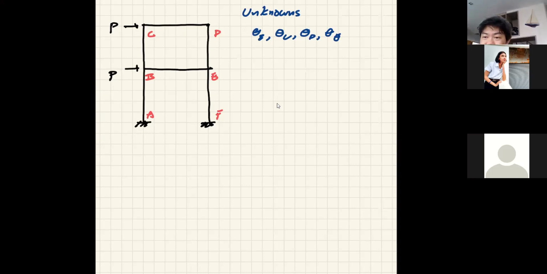Now, how many deltas do we have? Actually, one delta per one floor is enough, you know. So this can be your delta 1.